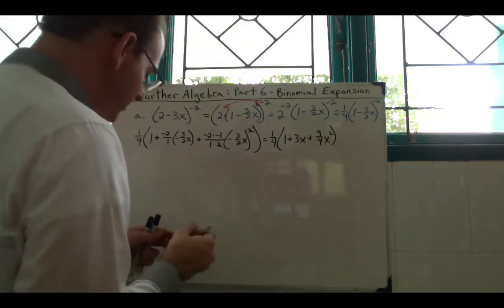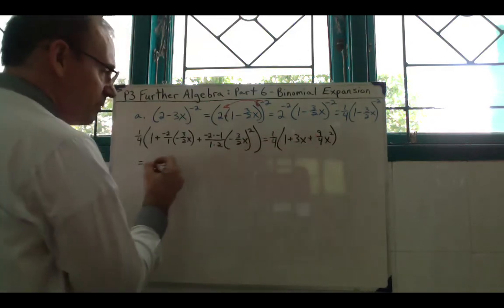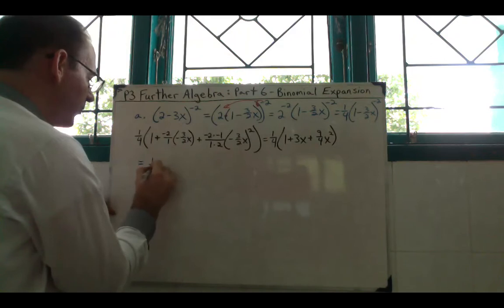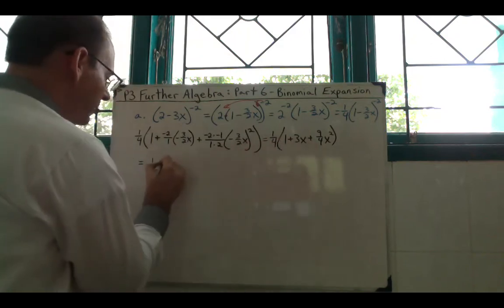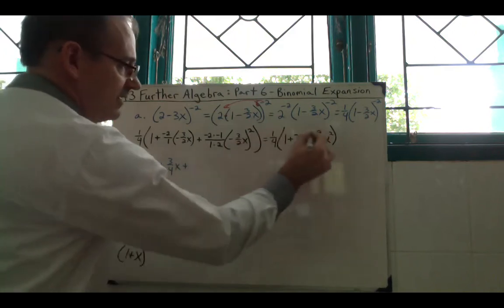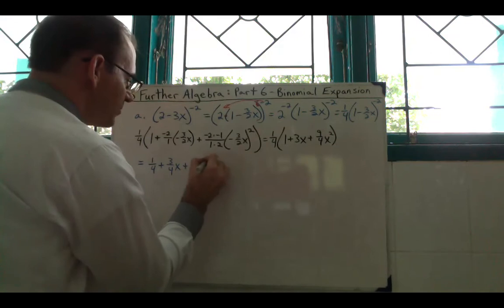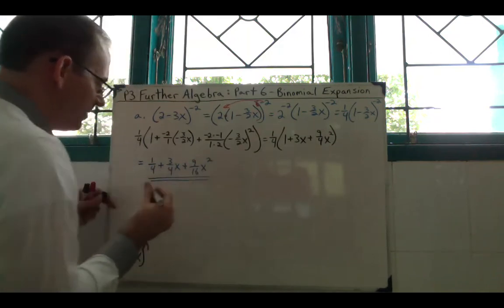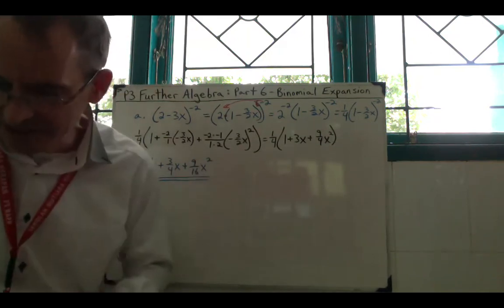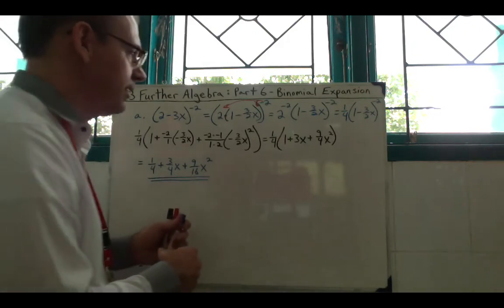And then this will equal, now we can distribute the 1/4. 1/4 plus 3/4 x plus 9 over 16 x squared.